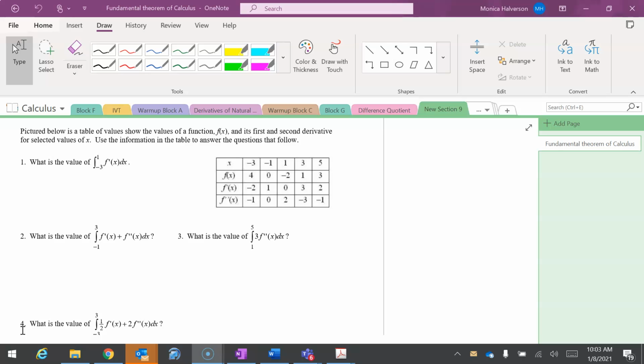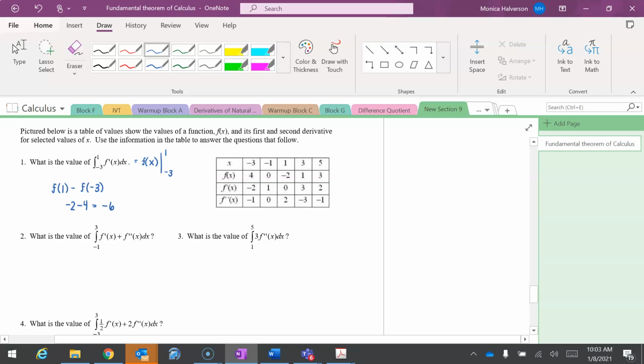Well, remember, when you're taking the definite integral of the first derivative, you're finding the original function. So it's officially the original function from 1 to negative 3. So you're going to do f of 1 minus f of negative 3. F of 1 is negative 2. F of negative 3 is 4. So we get negative 6 as our answer.